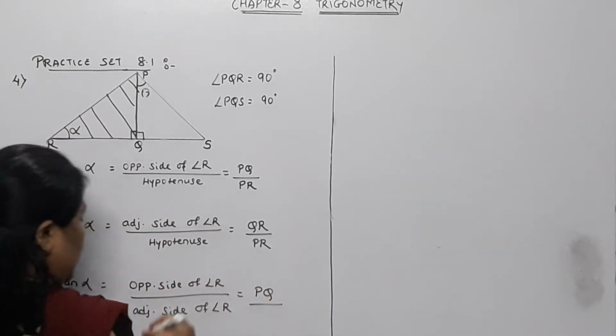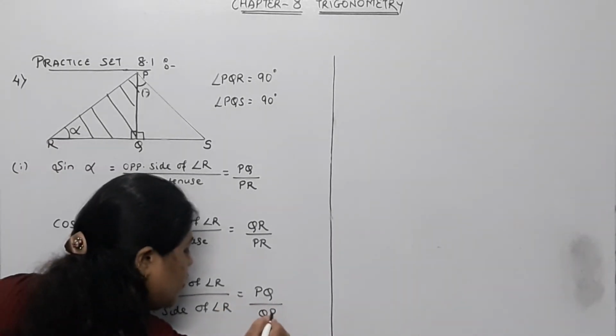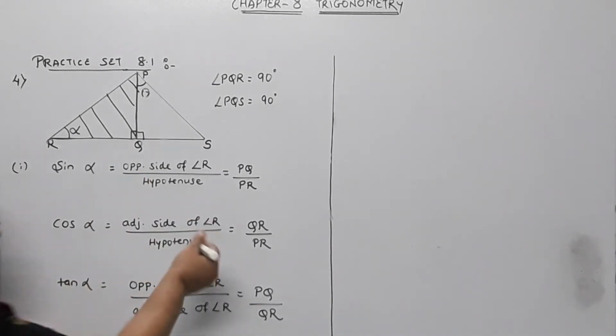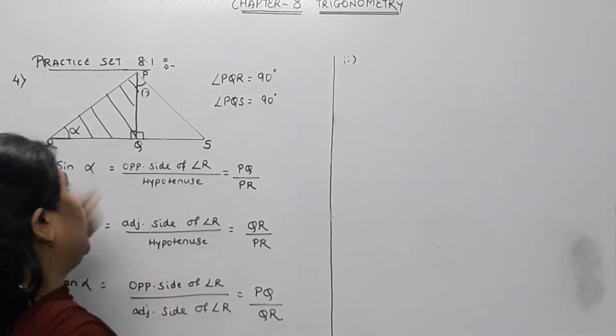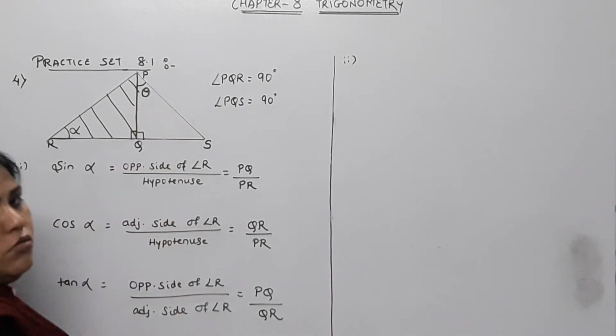And adjacent side is QR. So we can have PQ upon QR as tan alpha. This way we have done our first part, that is sin alpha, cos alpha and tan alpha. Then we'll move ahead for the second part, that is theta. We have to calculate all the three ratios for theta also.